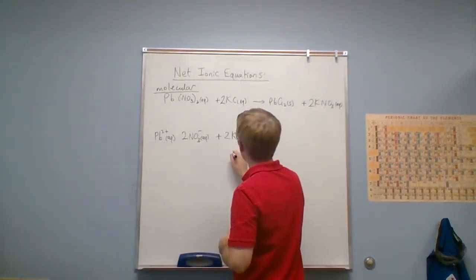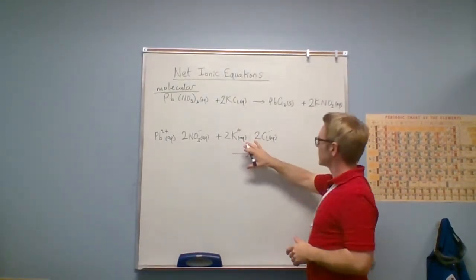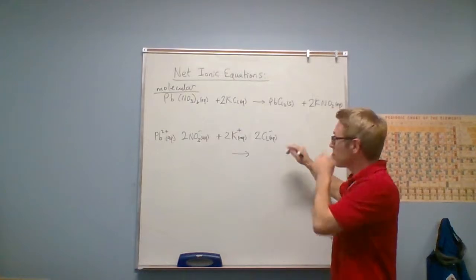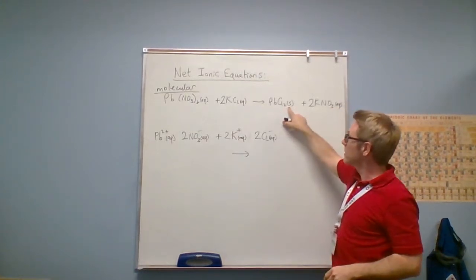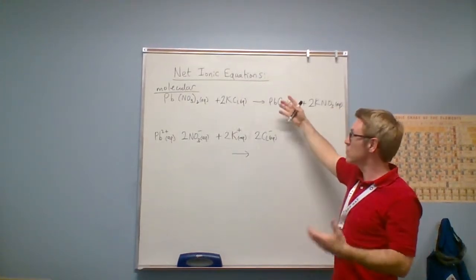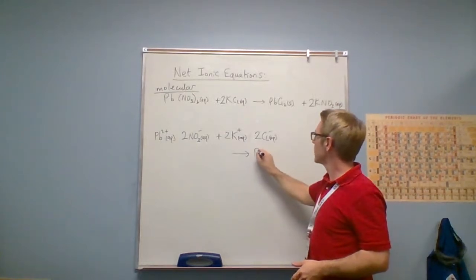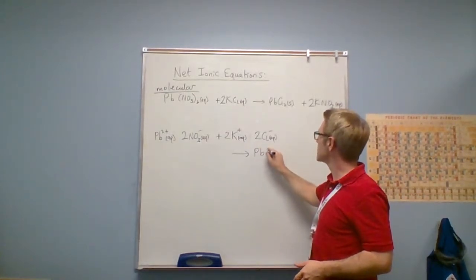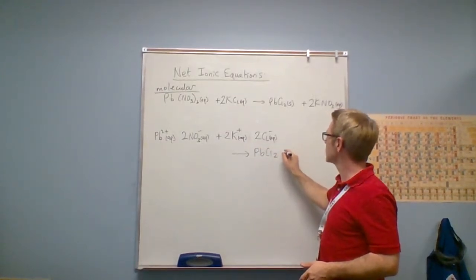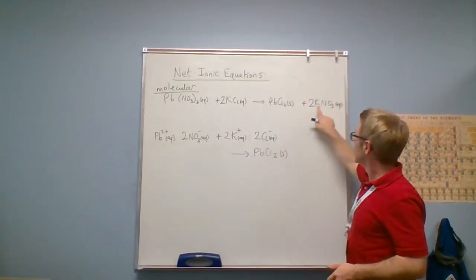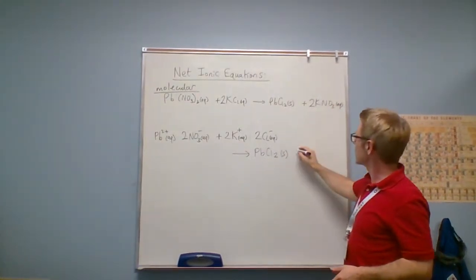If I come to the arrow here, I'll draw the arrow here as a continuance over here. I can't separate a solid, so I just rewrite as given. So PbCl2 solid. And I can go ahead and separate this.